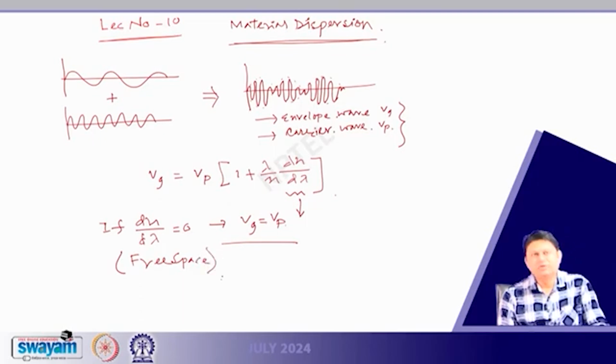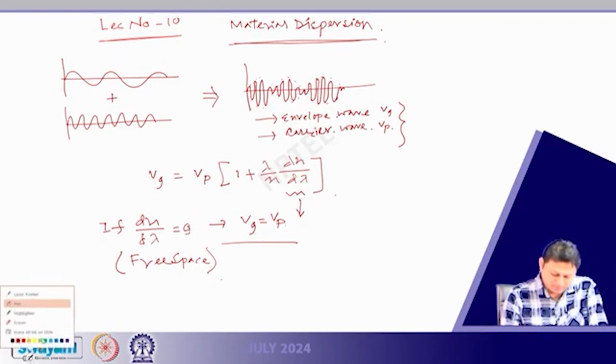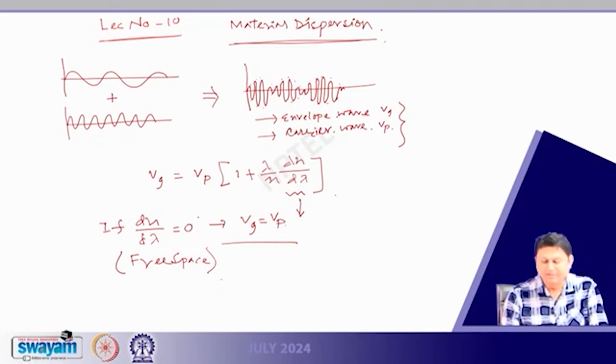But in general, if we have a medium through which a light wave is moving having two different frequencies, then obviously dn d lambda will no longer be the same. It should not be 0, so it will be different from 0, and we will get a condition where Vp and Vg are not the same, they are different.